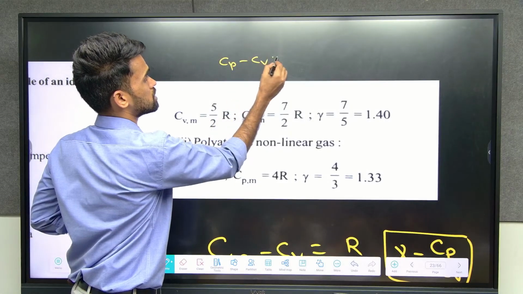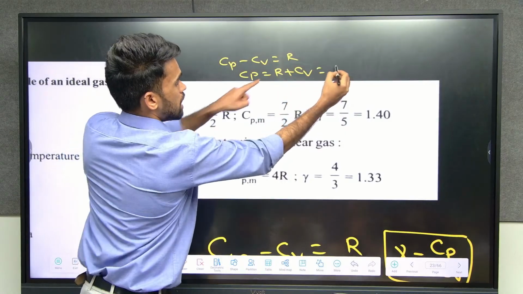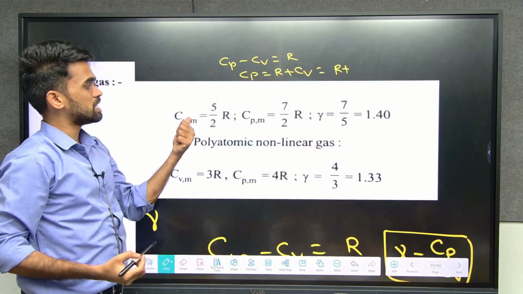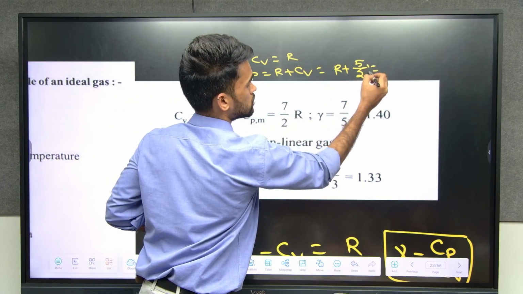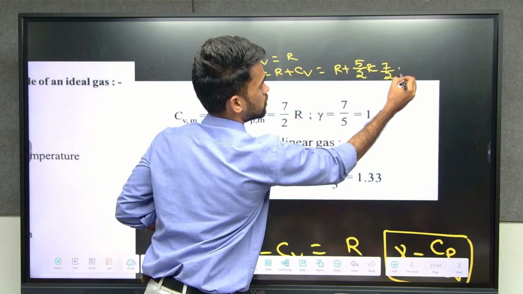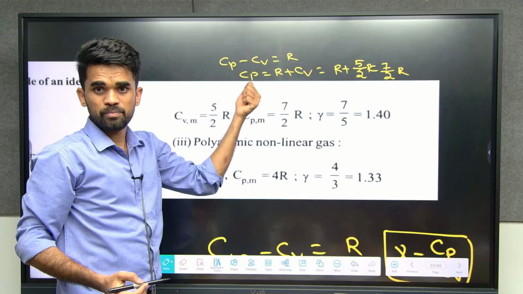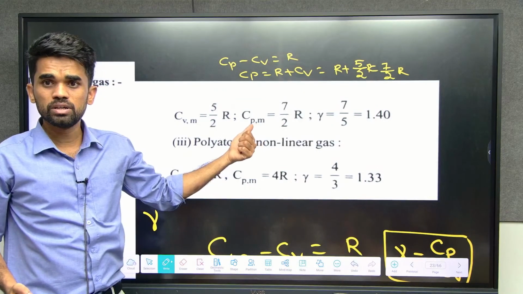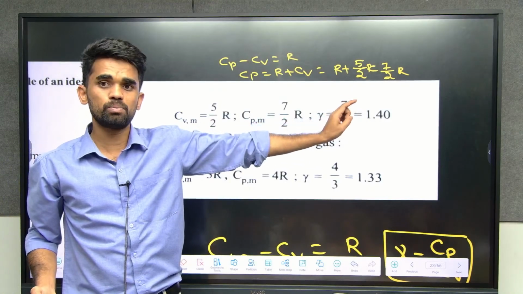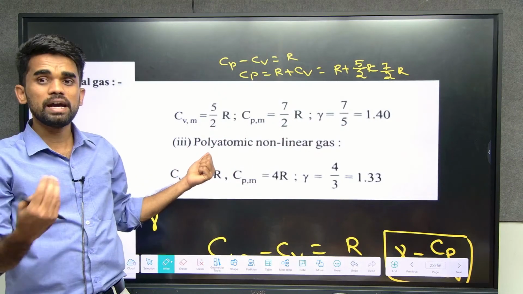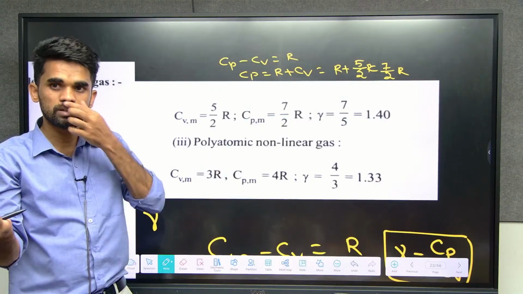Cp minus Cv equals R, so Cp is R plus Cv, which is 1 plus 5 by 2, that is 7 by 2 R. Cv is 5 by 2, Cp is 7 by 2, so the ratio is 7 by 5, which is 1.4. Similarly for polyatomic, like triatomic, tetraatomic, like CO2.